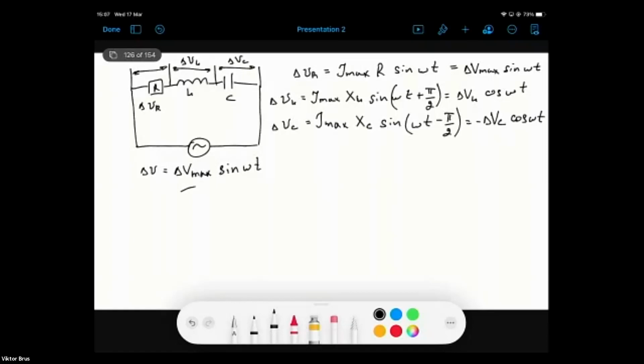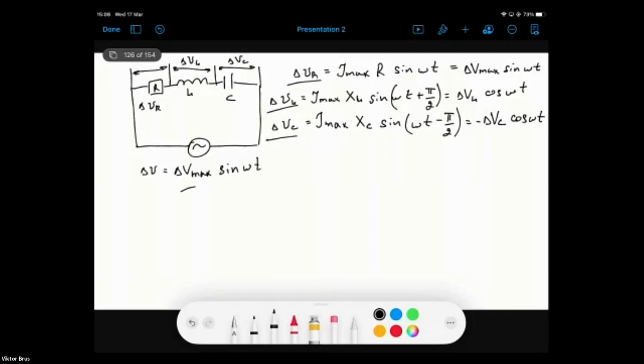And obviously now we can, so total applied voltage is just the sum of all these voltages, since all components are connected in series. And now we can show like Phasor diagram with phasors for voltage drop over each component, and also phasor for the current.